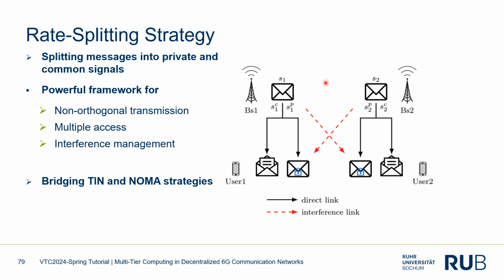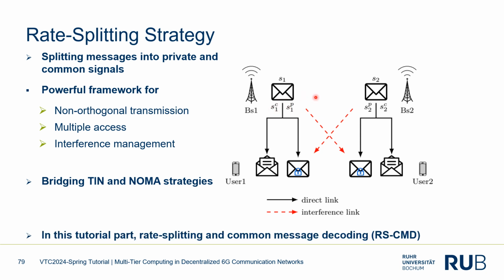And there is the NOMA strategy, non-orthogonal multiple access, where the idea is to decode all of the interference that arises in the network. And with rate splitting, we can bridge both strategies as we can flexibly determine the split between the private and the common message. In this tutorial, we consider this so-called rate splitting and common message decoding scheme.